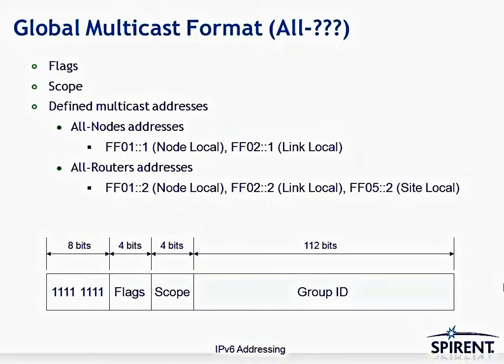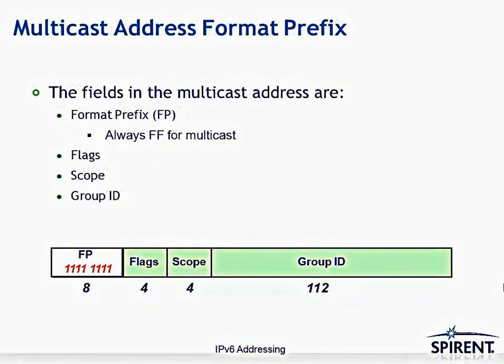There are even special multicast addresses for things like OSPFv3. So the format prefix, as I mentioned, a multicast address always starts with FF, or 8 binary ones. That's the address space which the multicast addresses are allocated out of.